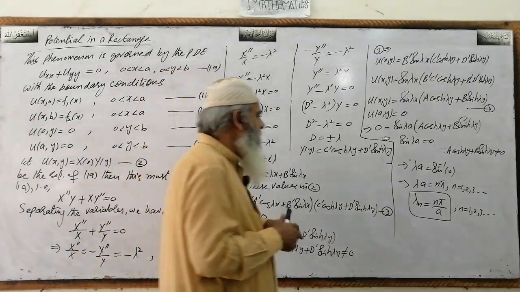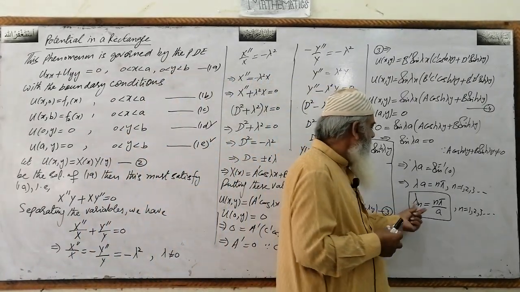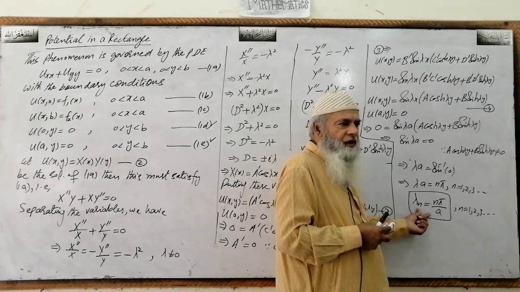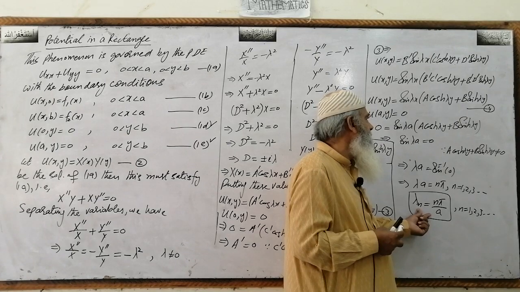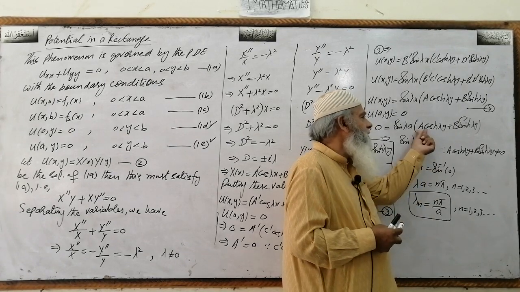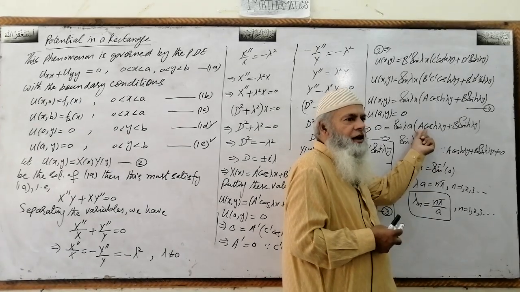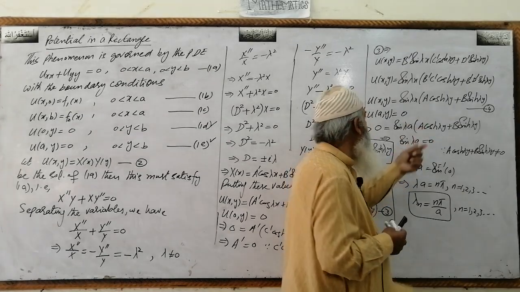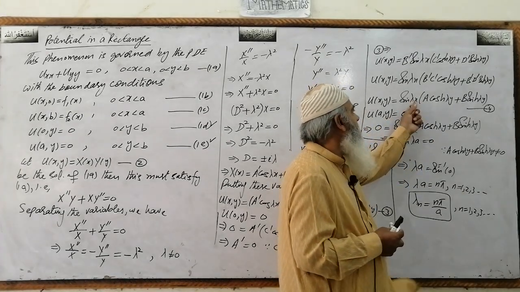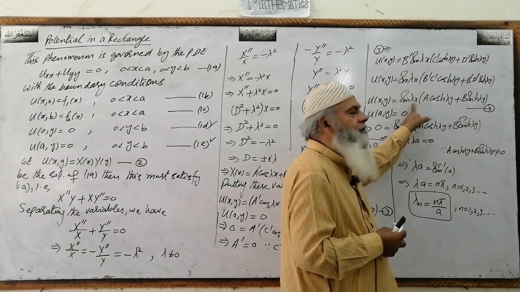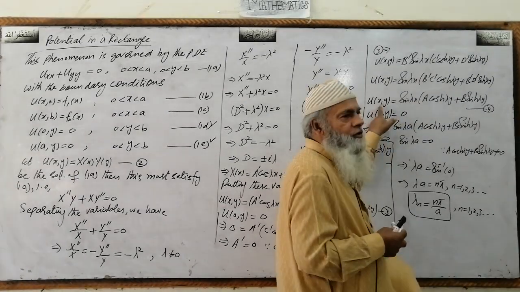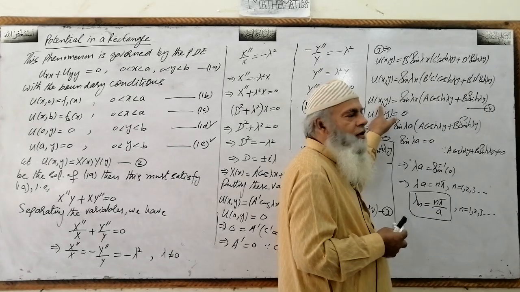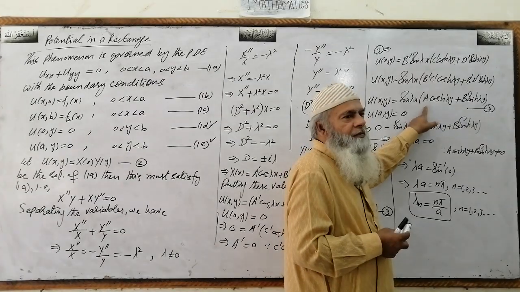Let me complete it by saying that if eigenvalues are infinite, then corresponding to these eigenvalues we will have infinite constants a and b. Because when you put the first value of lambda, you will get a solution, and these constants will be a1, b1.